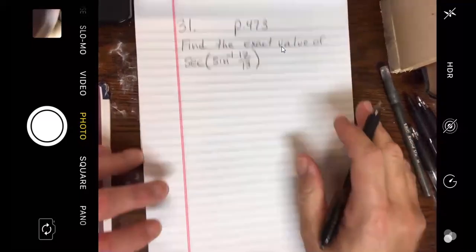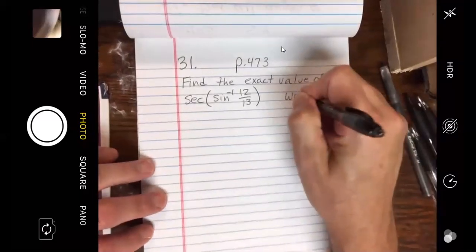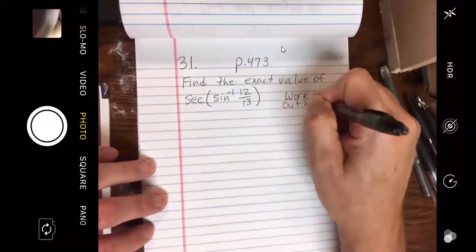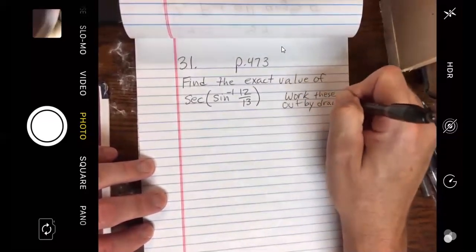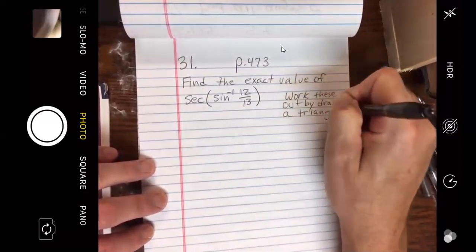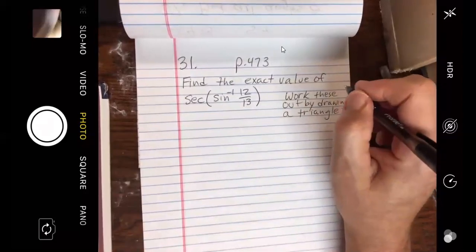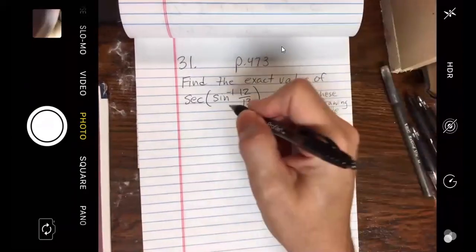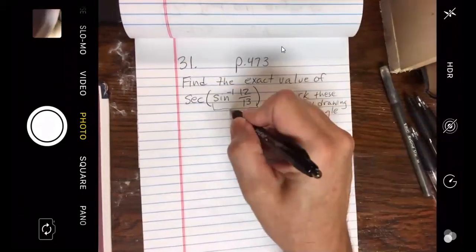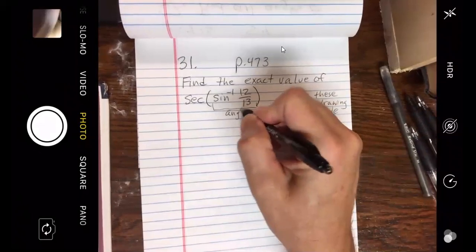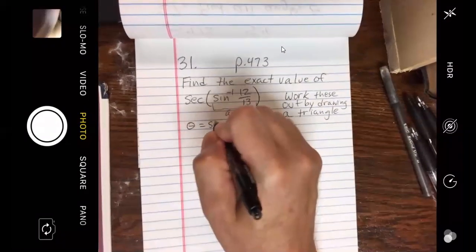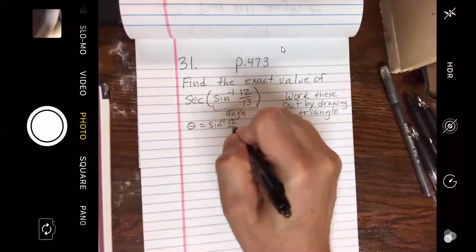All right, you work these out by drawing a triangle. The triangle is labeled by this. This is an angle, and we'll call it an angle, arcsine of 12 over 13.